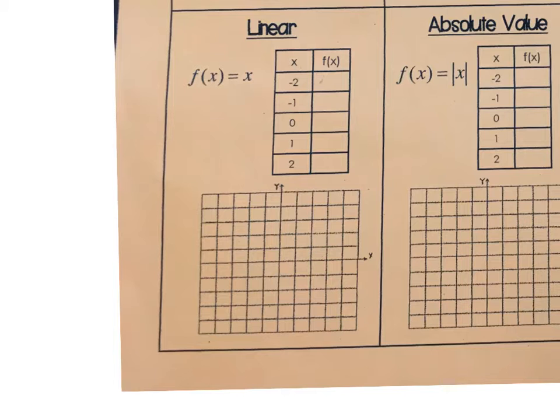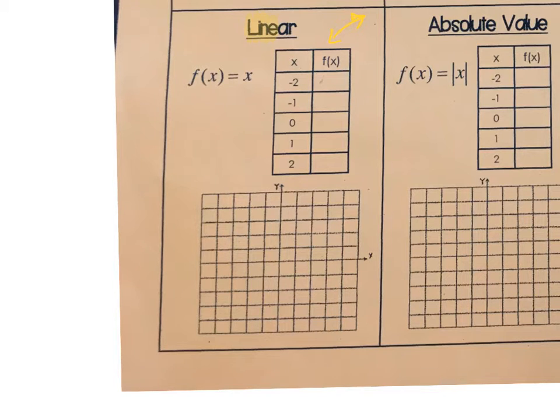Feel free at any time to pause so that you have time to write down everything that I'm showing you. So first, I want you to notice that the word line is inside the word linear. That's because this graph is going to look like a line when I'm done with it.